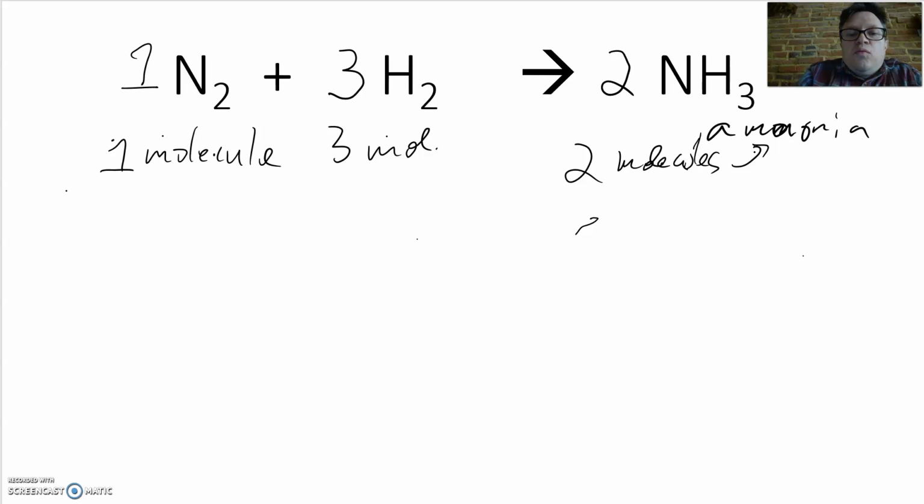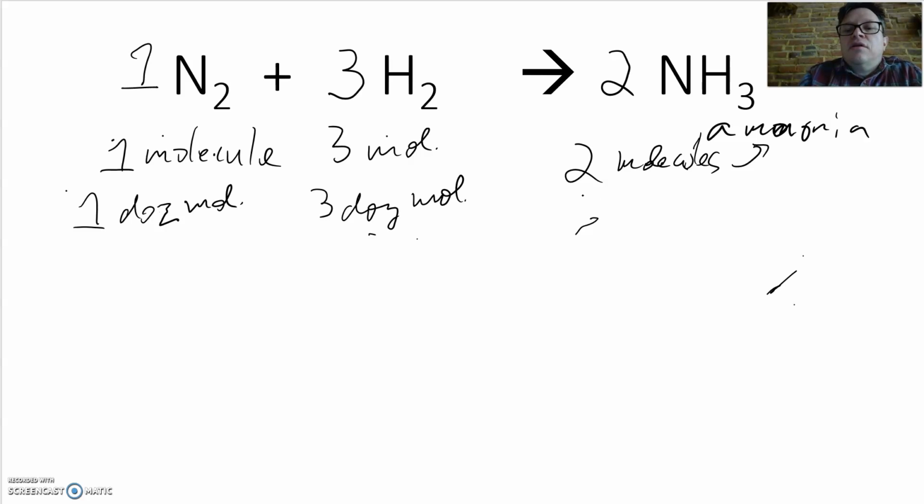Now, would it be valid to say that we could have 1 dozen molecules of nitrogen, 3 dozen molecules of hydrogen, and 2 dozen molecules of ammonia?